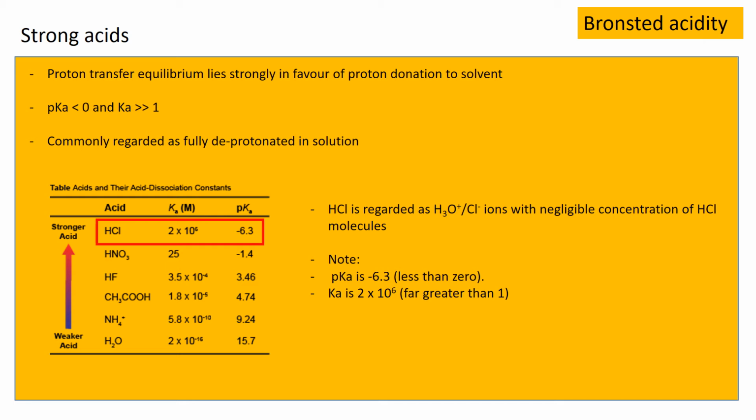And the overwhelming majority of HCl molecules have dissociated, or a proton has been donated to water and Cl- ions reside in solution. Its pKa value then is less than 0, minus 6.3. So if you have a pKa value which is less than 0, but a Ka value which is greater than 1, you would predict a strong acid.